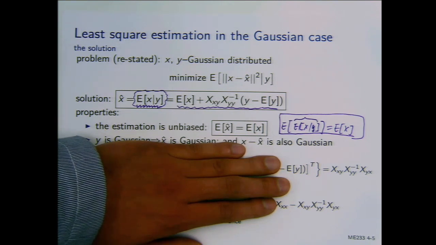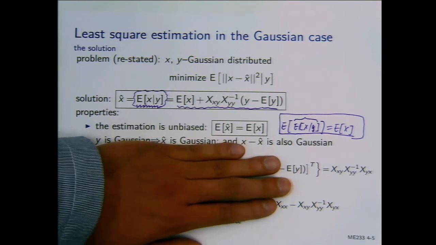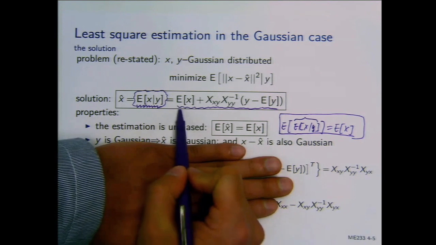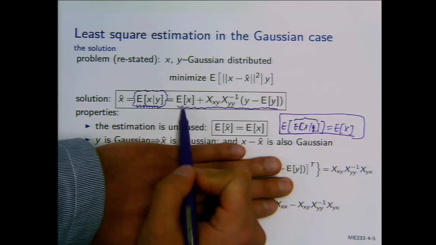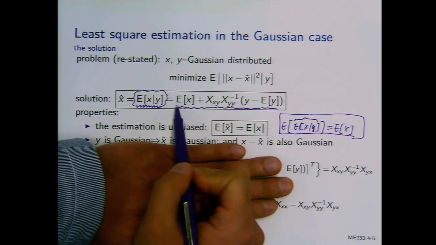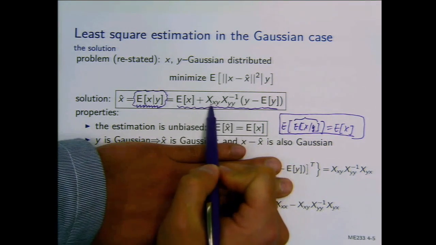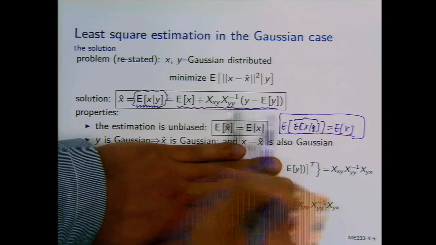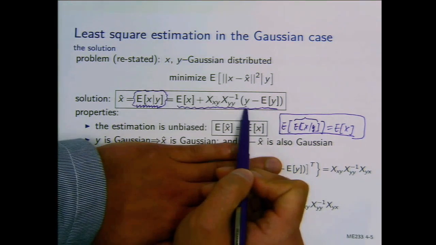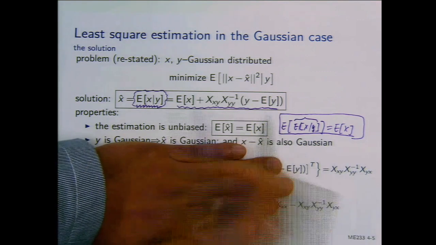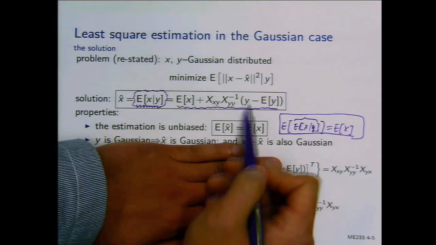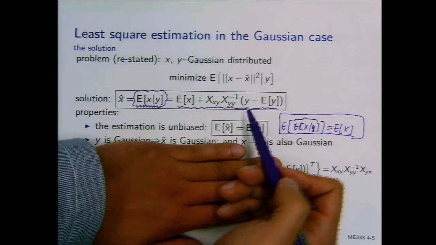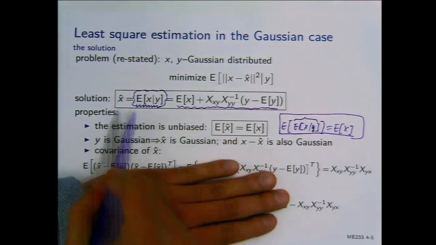It's colored, that's correct. But it is Gaussian. See, the expectation of x, is this deterministic or random? It's a constant value, right? Also, these are just constant matrices. Constant, constant, constant. The only randomness is y. Y is Gaussian, so this is Gaussian, because it's a linear function of a Gaussian. So x hat is Gaussian.